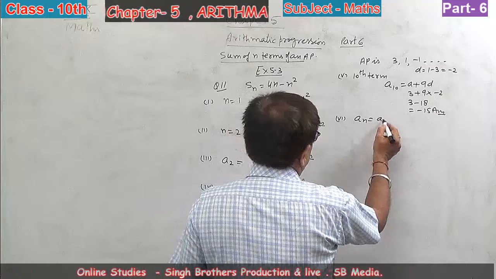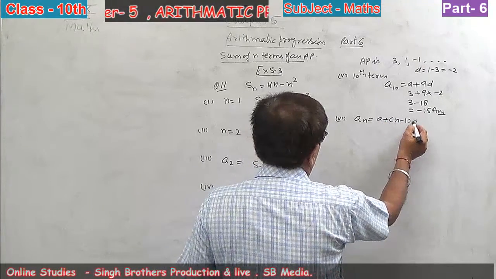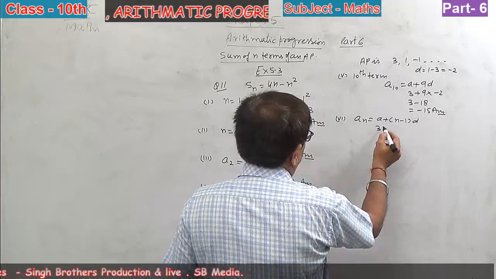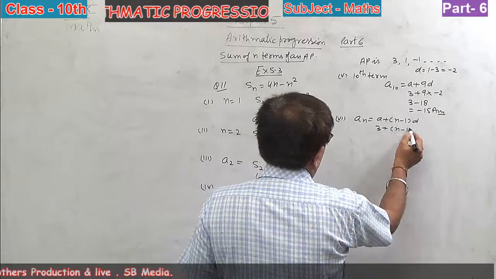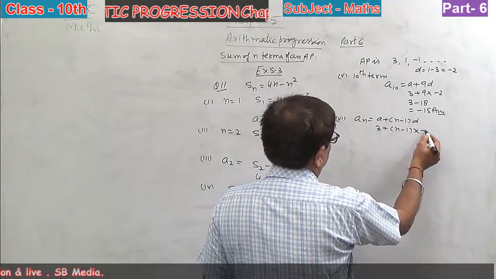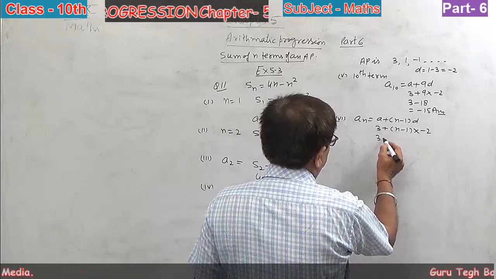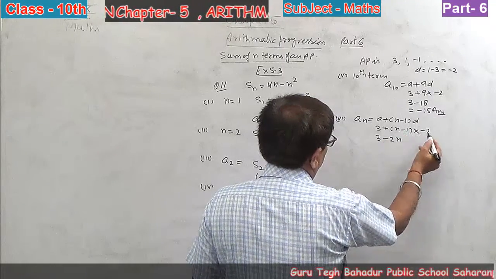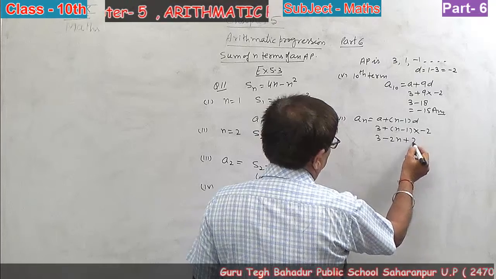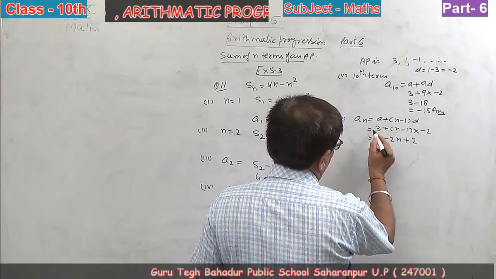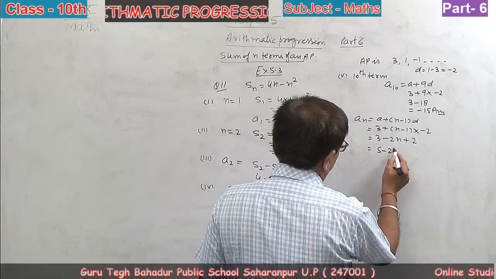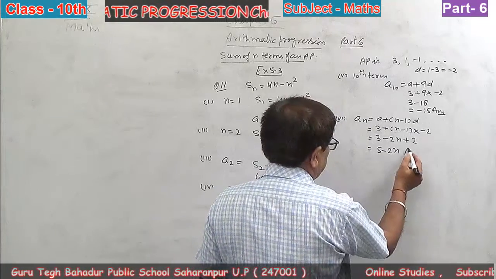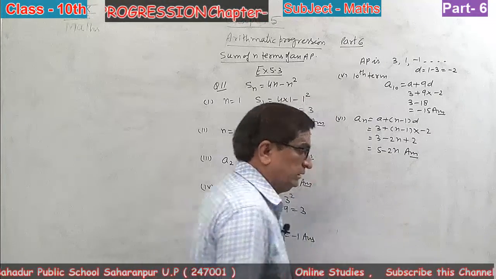An is A plus n minus 1 into D. A is 3, D is minus 2: 3 plus n minus 1 into minus 2, that is 3 minus 2n plus 2. So 3 plus 2, that is 5 minus 2n. This is the sixth part.